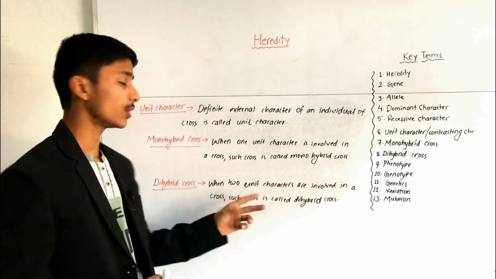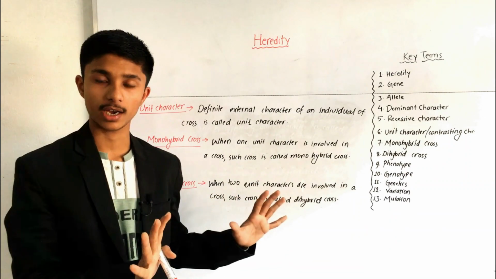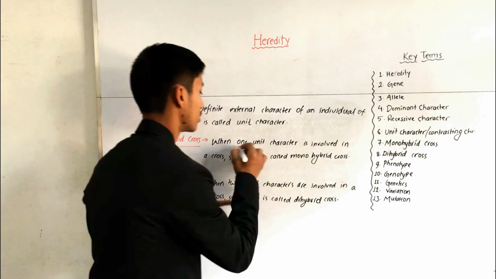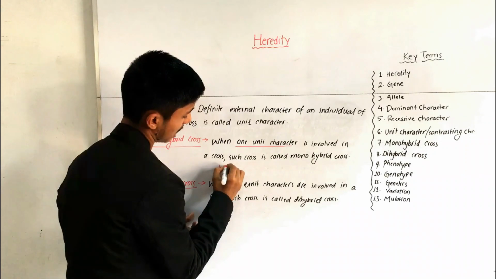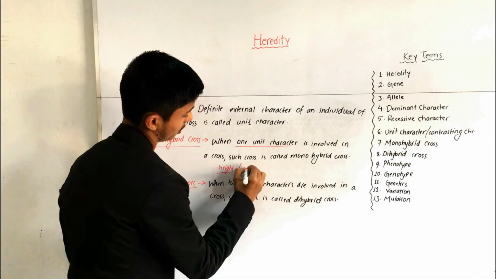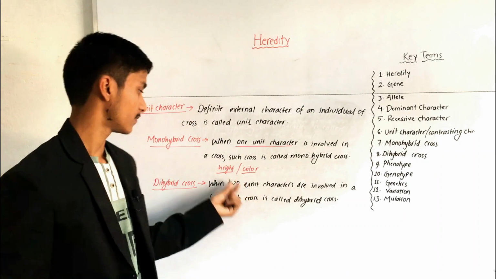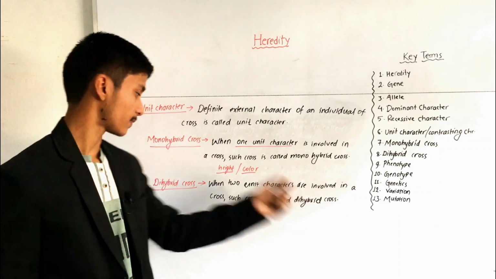It means only one unit character is involved. Height means only height. We can say either height or color. Only one character should be involved here, either height or color or any other.